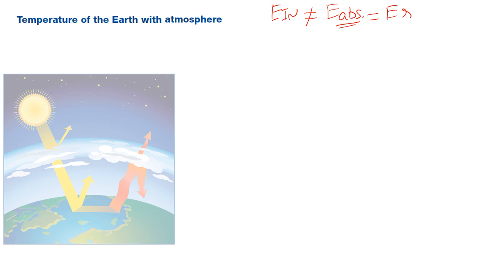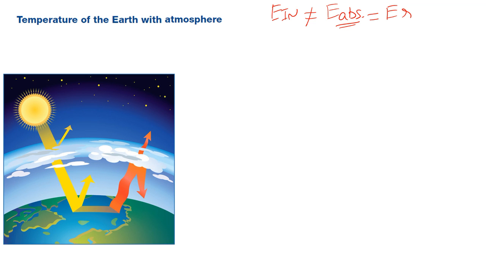Now let me show you a diagram. So here you can see you have the sun's energy which is coming in, and there is an atmosphere. It goes through the atmosphere and then it reflects from the surface, right? Let's say E is the total energy which is coming in. One part of this energy will directly get reflected away from the clouds.